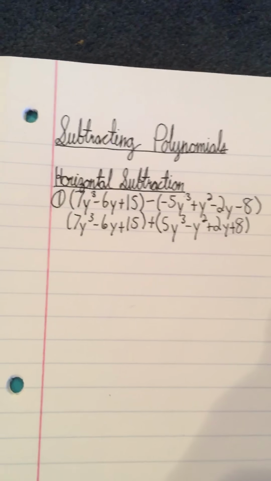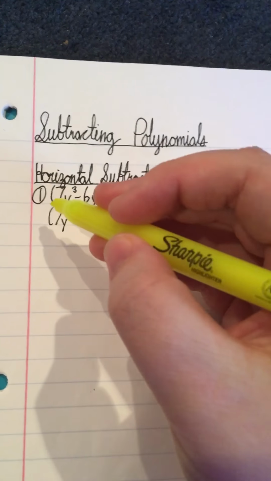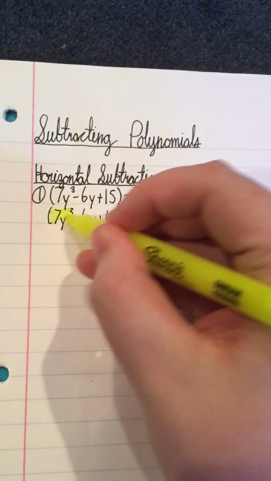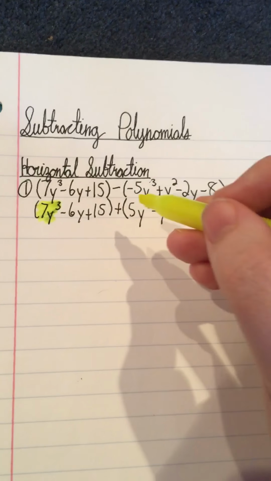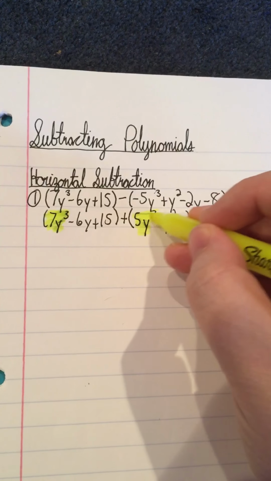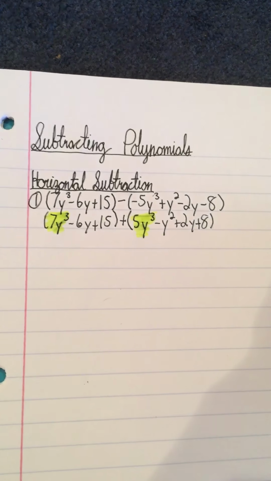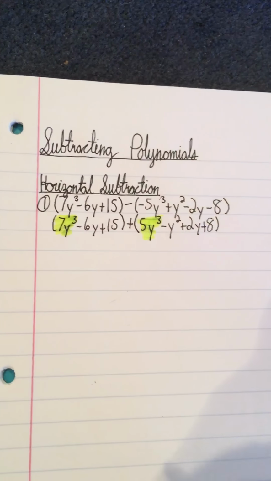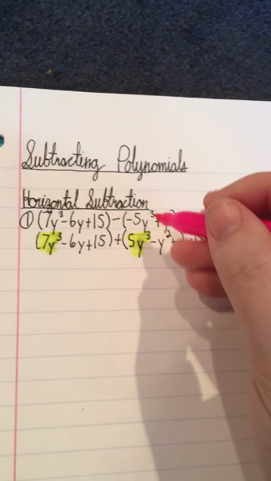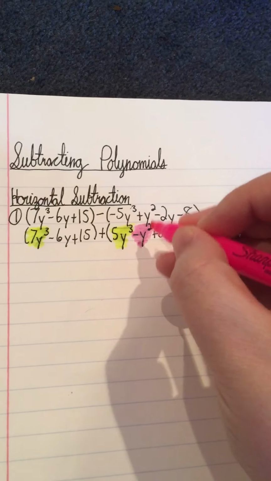So I'm going to highlight our like terms. So we have our 7y cubed. So we have to find our other y cubed term, which is over here, this 5y cubed. And that's it for our y cubed terms. And then we have this lonely negative y squared term.